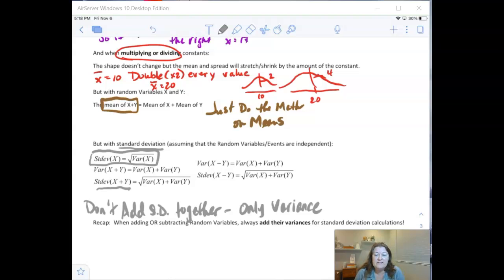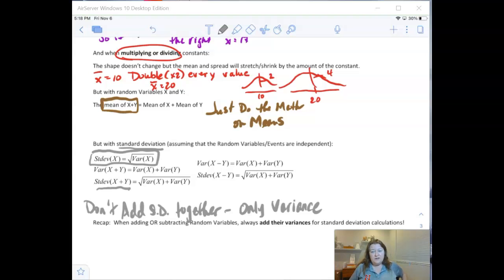So if I'm trying to find the standard deviation of X minus Y, I'm still adding the variances together because both of those random variables can vary on their own. It's not suddenly less variance because we're subtracting the two random variables. Each random variable varies on its own, and the more you put together, the more opportunities you have for the spread to get worse and worse.